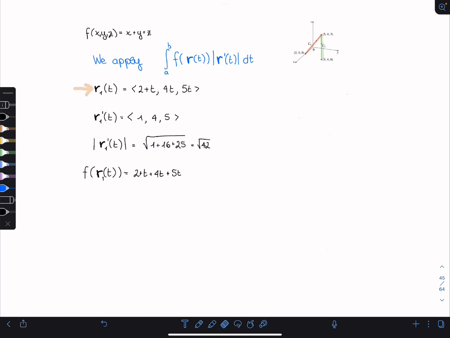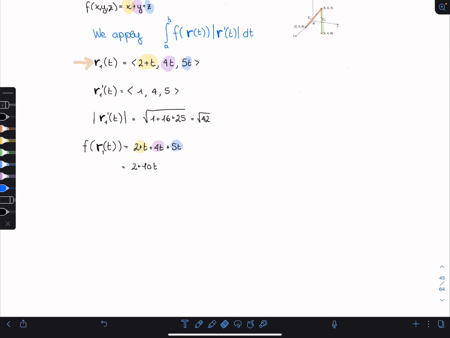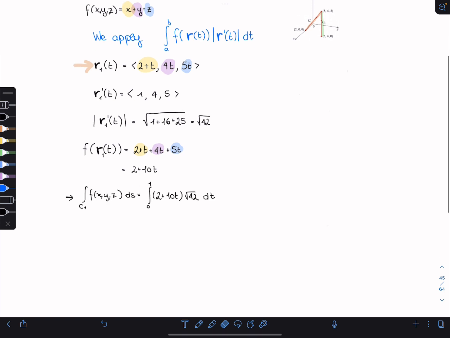So for the first term x, we take 2 plus t. Then for y we take 4t, and for z we take 5t. And this will be equal to 2 plus 10t.